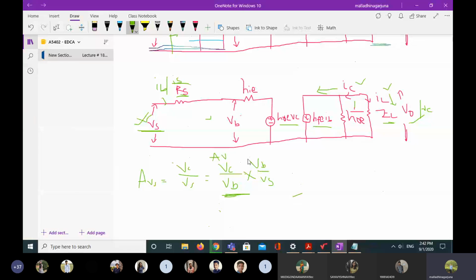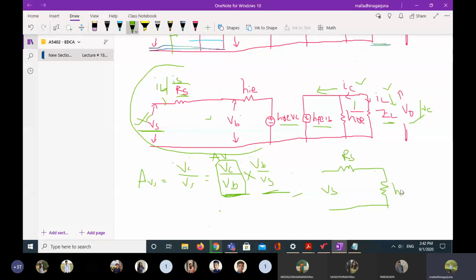The only thing we have to calculate is Vb by Vs, and then substitute it. For that, take the input circuit separately. The input circuit is Rs here and Hi here. This is Vs, this is Rs, and this is Hi. The voltage drop across Hi is Vb.